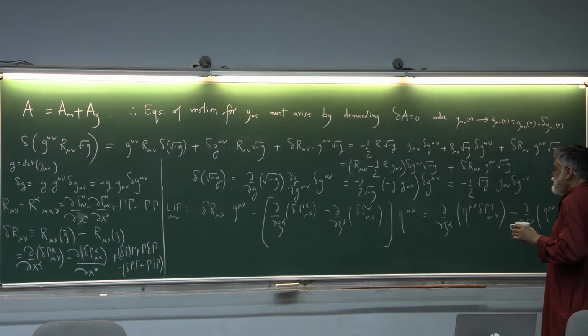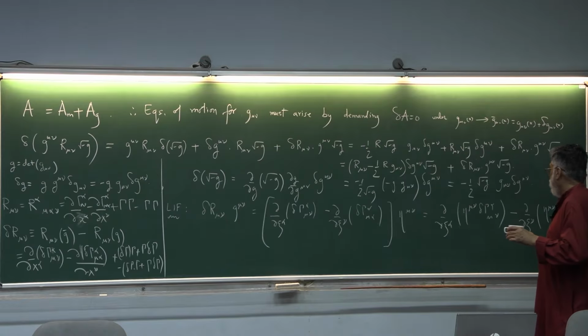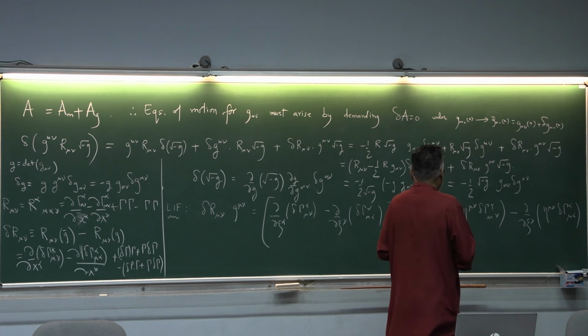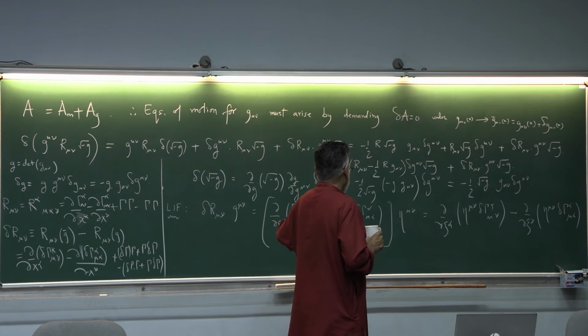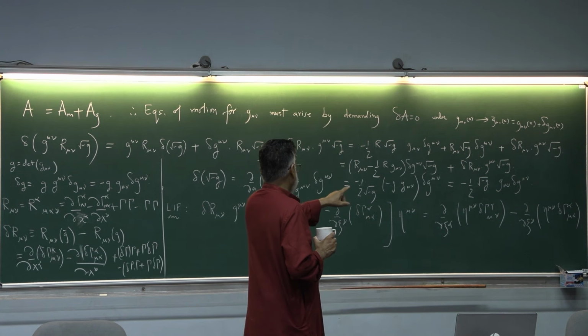See, tensor calculus is not difficult, but you have to be patient and see that you don't make errors in putting the indices. Where there are too many indices, you can always make an error. So one just has to be careful. So let's see whether I have put in everything correctly. Del by del xi alpha, del gamma alpha mu nu into eta mu nu minus del by del xi nu, eta mu nu, del gamma alpha mu alpha.